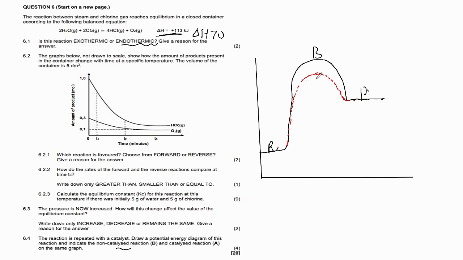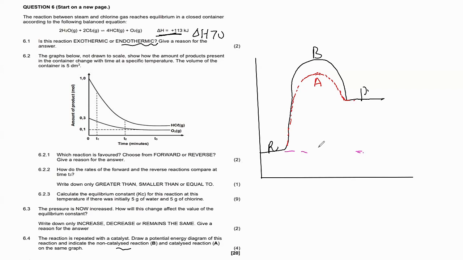And then we want to label this graph A, right? So this indicates that it now has a lower activation energy. Remember, when we are talking about activation energy, we are talking about the energy from the reactants all the way to the activated complex, right?